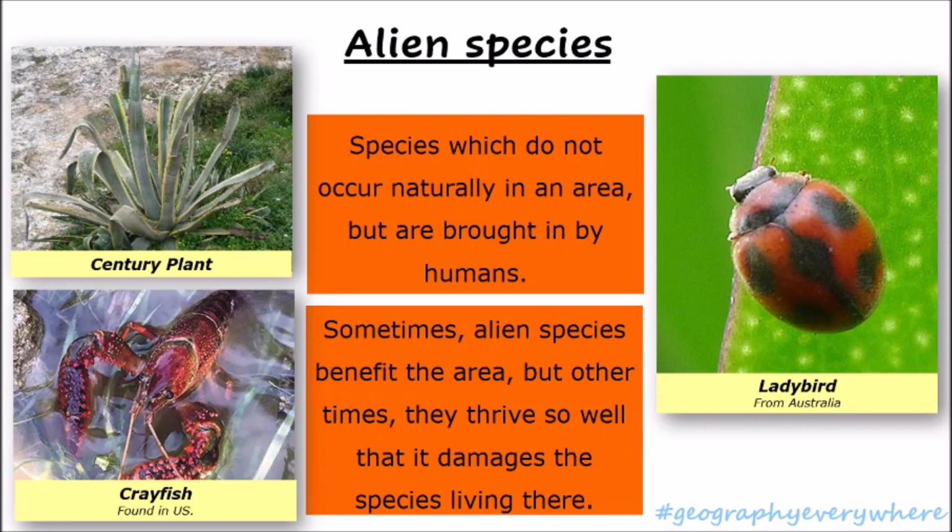This ladybird species was naturally found in Australia, but it was brought to Europe for biological pest control. It was brought to Malta in 1911, and people brought it to Malta to control the infested gardens in St. Julian's. The ladybird has now spread all over Malta, but it doesn't harm any plants or other species that naturally occur in Malta.